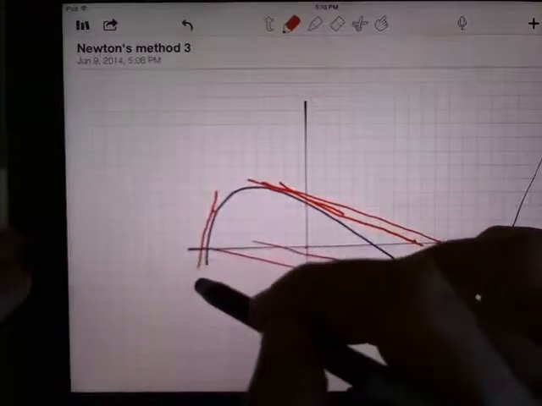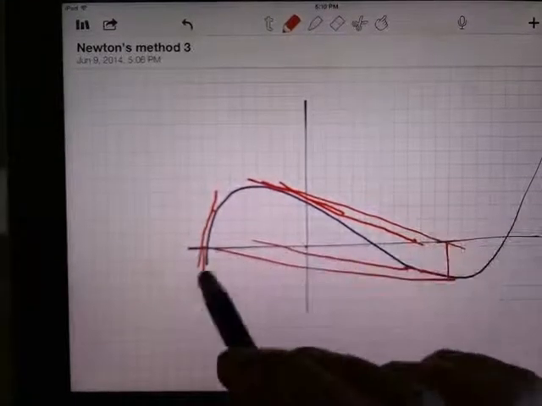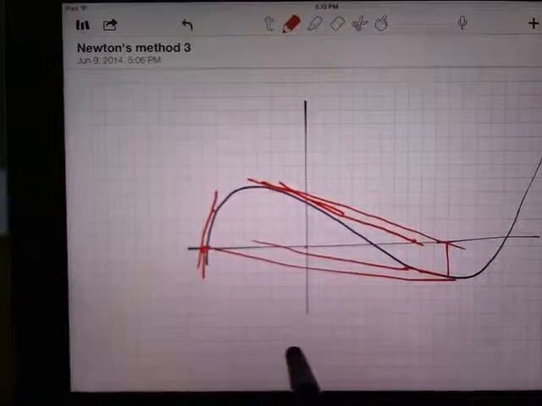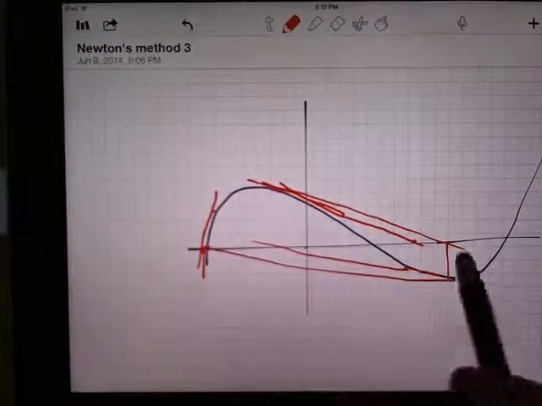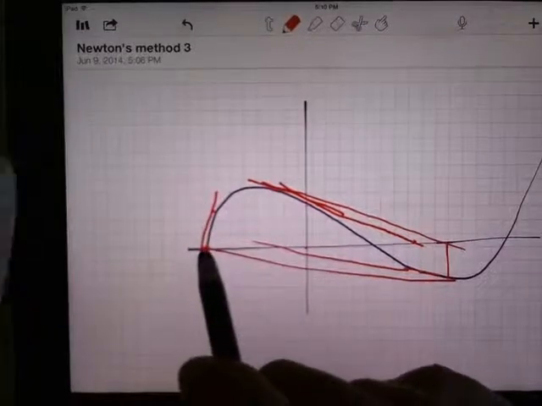Anyway, at this point it's going to zoom in on this one. So initially, what I thought might zoom in on this actually spiraled outward and ended up finding this other one over here.